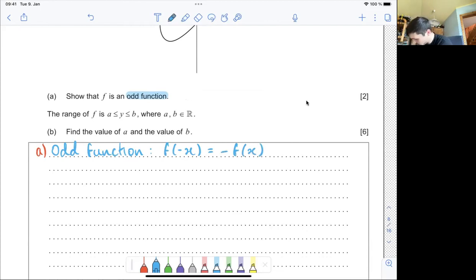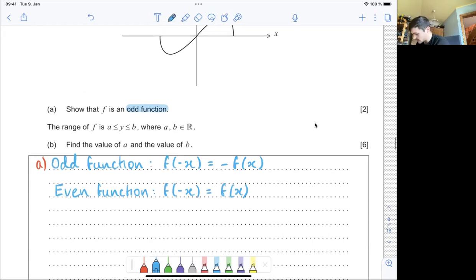Equally, I'm going to write in what an even function would be, just because it's worth knowing. That is f of negative x is equal to f of x. That's a bit of bonus, just an extra bit, so we don't need that.